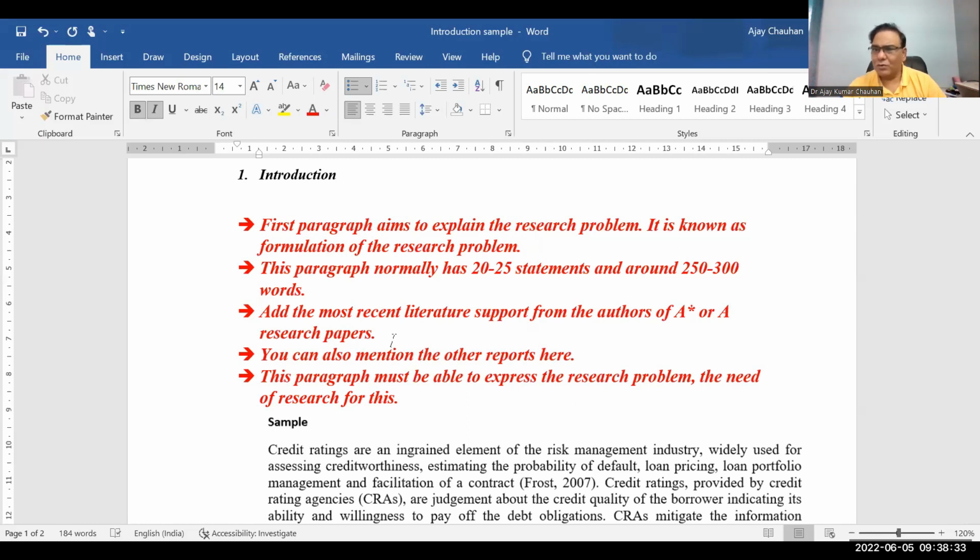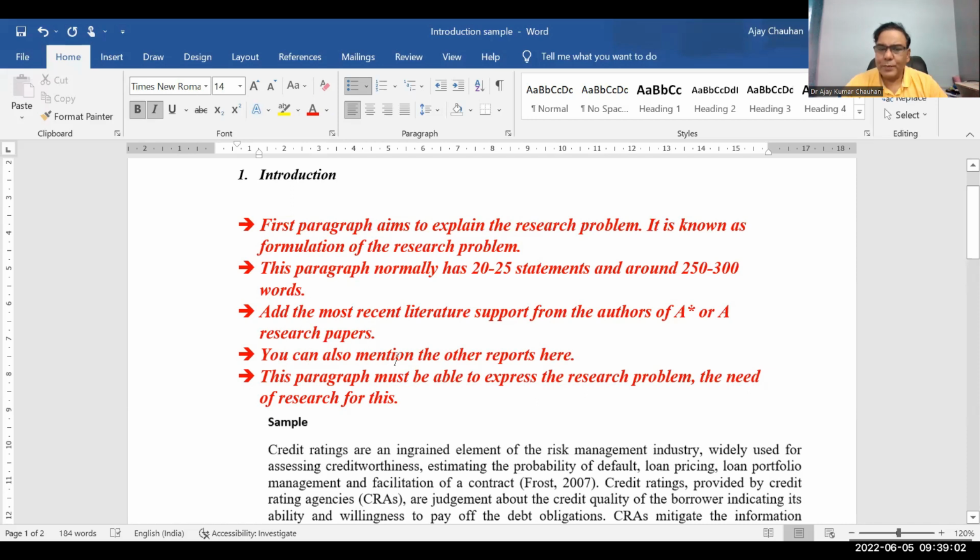So they normally know the authors, and they give value to it. If you quote low quality authors, who publish their papers in paid journals, low quality journals, they will not give value to those papers, frankly speaking. So be cautious that the literature support should come from high quality research papers.